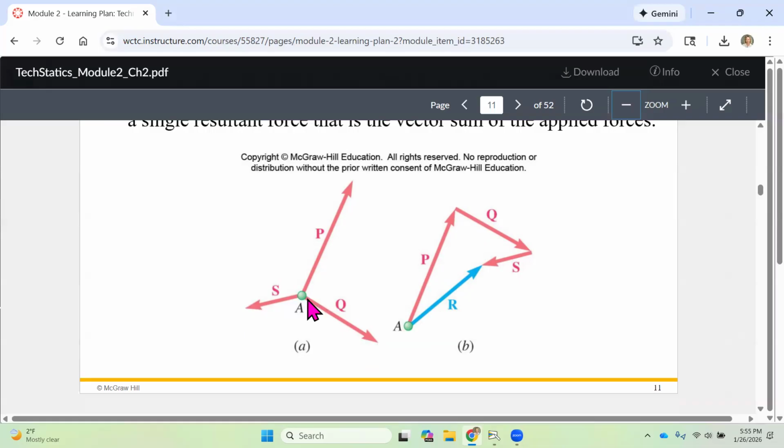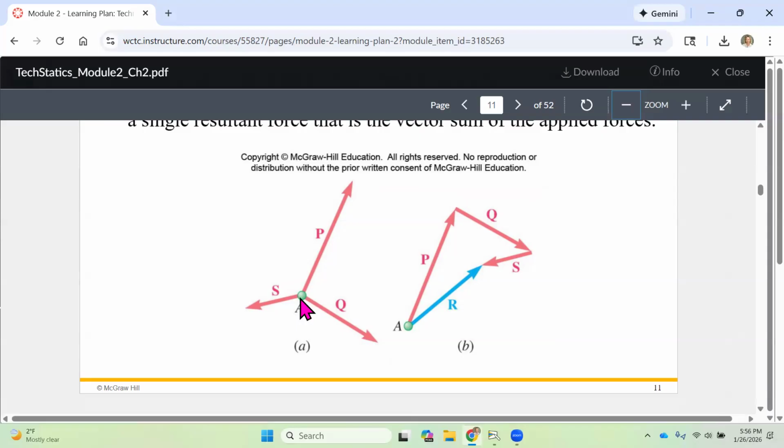S is going down and to the left, Q is going down and to the right, P is going up and to the right, but they all start at point A. This is called a concurrent force system. Okay, a non-concurrent force system means that they don't all have the same points of application.